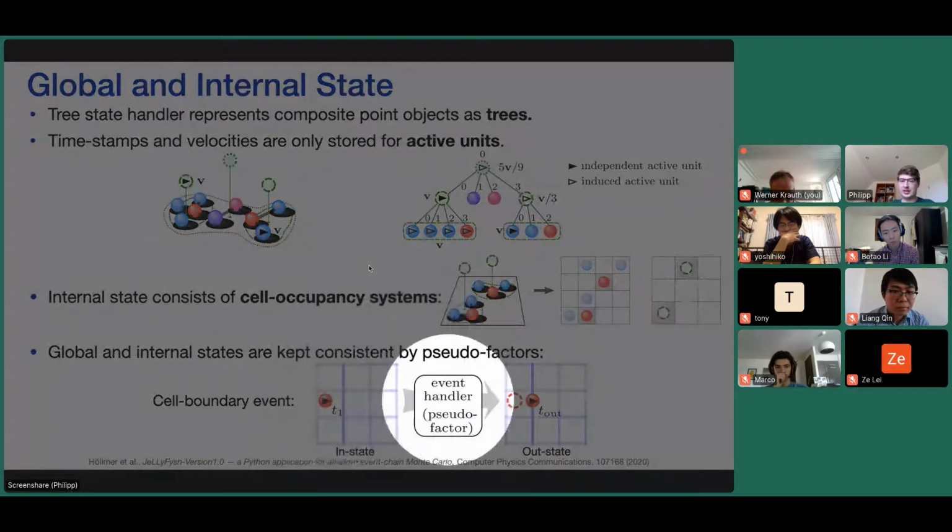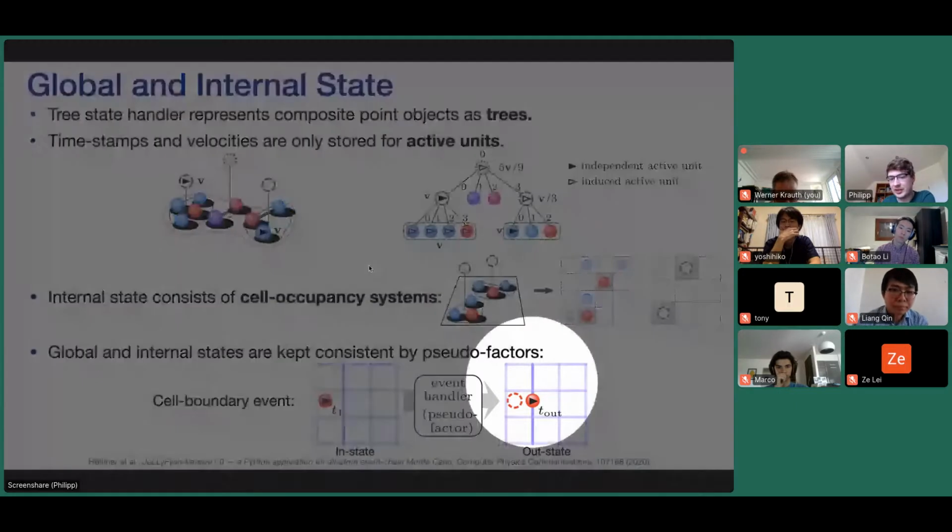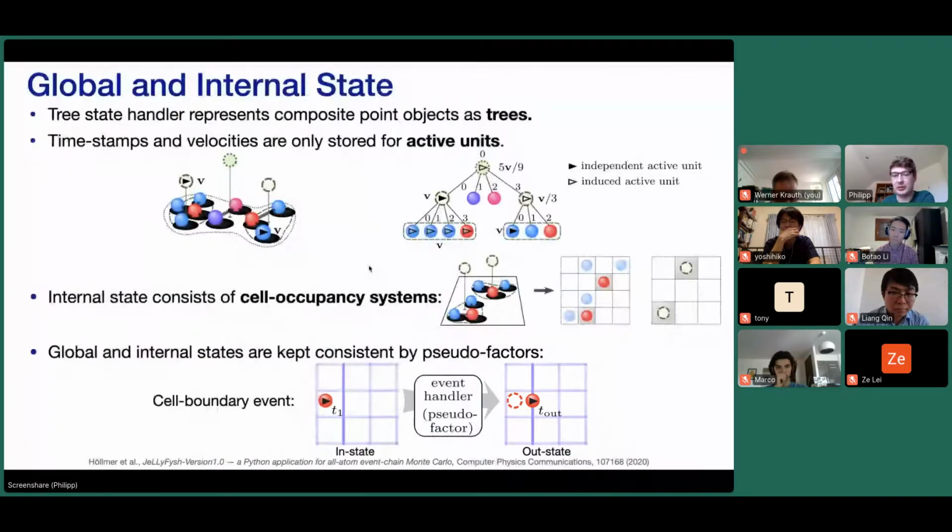Then we have an event handler, which is a pseudo factor in this case. This event handler has only access to the cell system, not the cell occupancy system. And then in the out state, it just computes the time where my active particle hits the next cell boundary. And if this event is then committed to the global state, this will also trigger an update of our internal state. So this is how we keep both states consistent in our application.